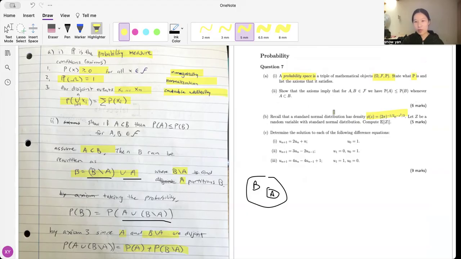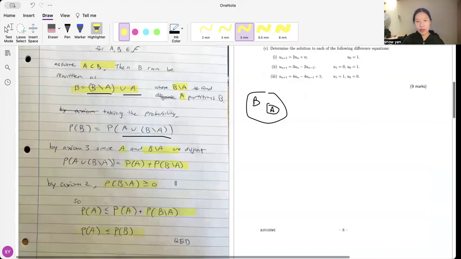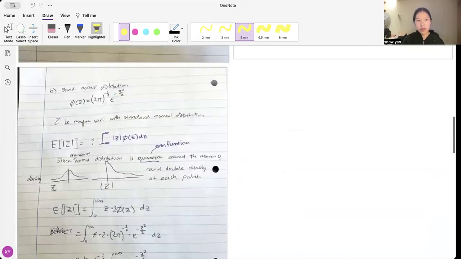Compute the expected value of the absolute value of Z. So this is our density function, and we're trying to find this. It is essentially the integral from negative infinity to infinity of the absolute value of z times the density, dz. Pretty straightforward, the definition of expectation.